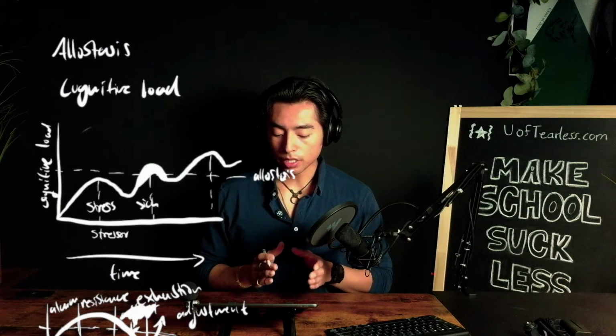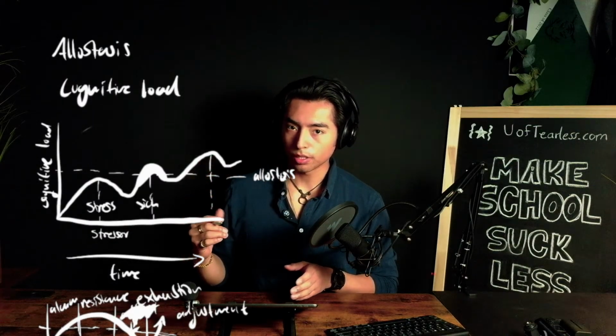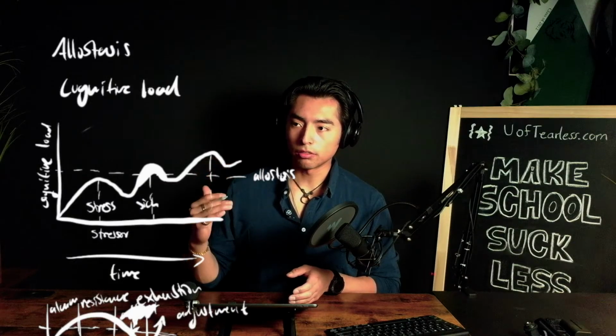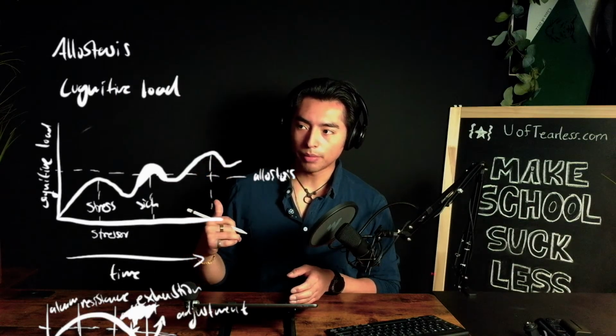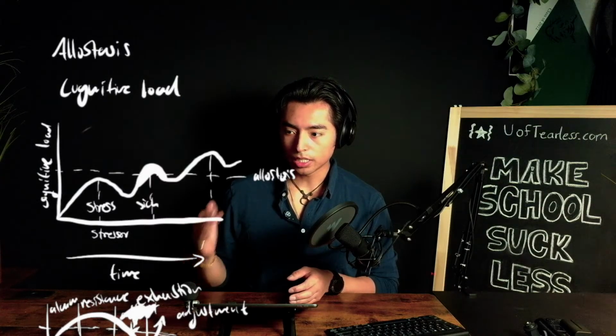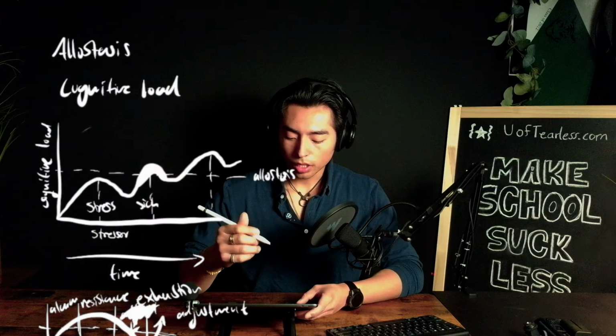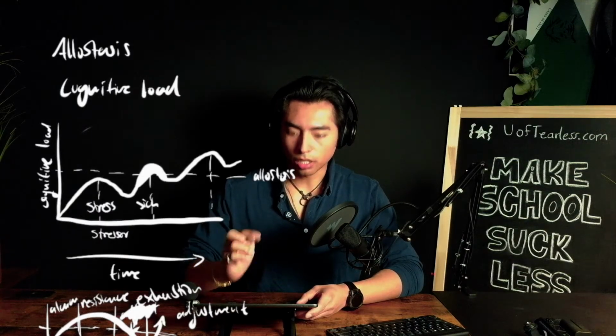The problem is if you are too stressed for too long, your sympathetic nervous system, the fight or flight, doesn't deregulate, and it makes it very difficult to rest and recover and sleep. And sleep is your primary focus when you're trying to recover. So that's this whole theory on cognitive load.